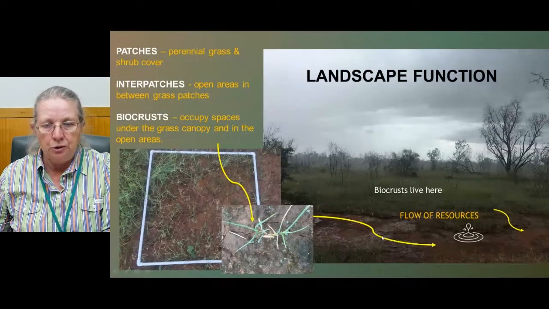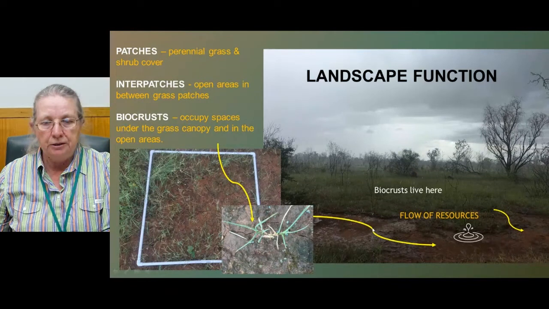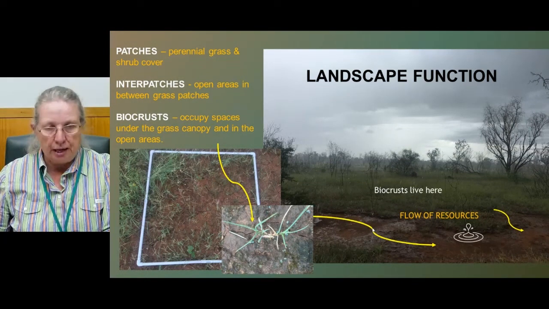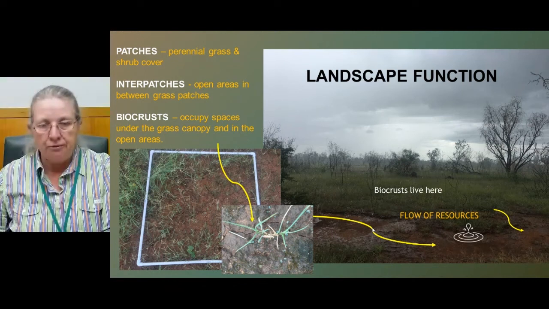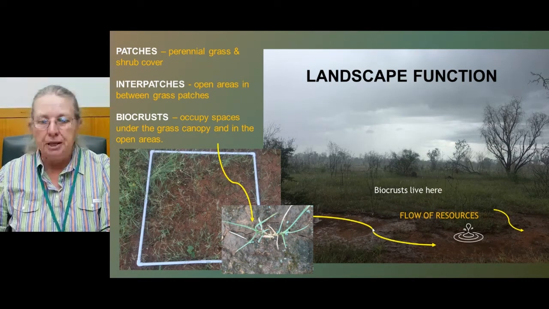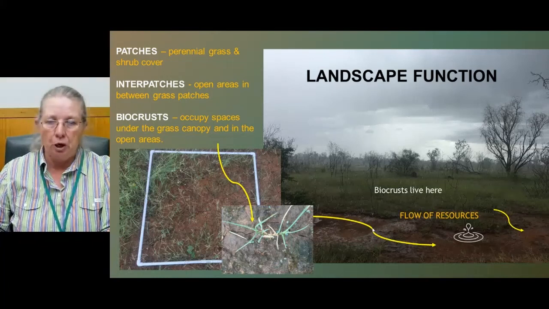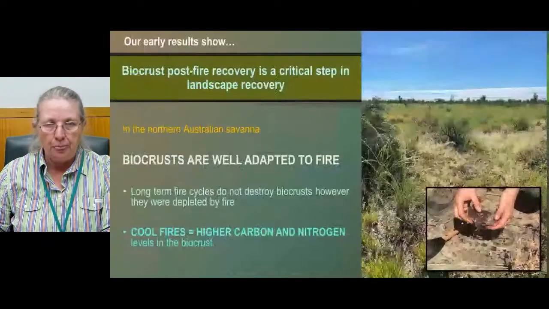It just erodes away. And if you have a heavy rainfall, as in this photo, then it can just wash away. But the biocrusts act as a protection to the surface because, as we explained earlier, they've got those sticky polysaccharides that actually help to bind the soil together.